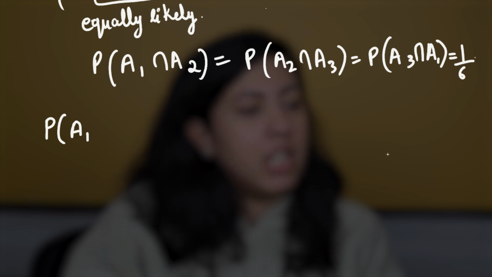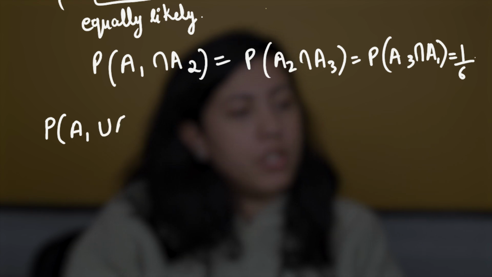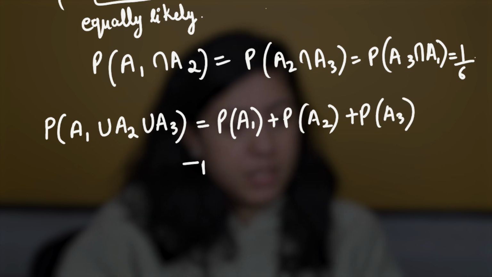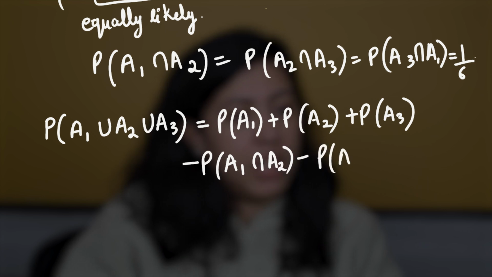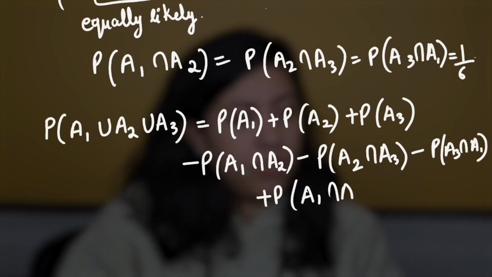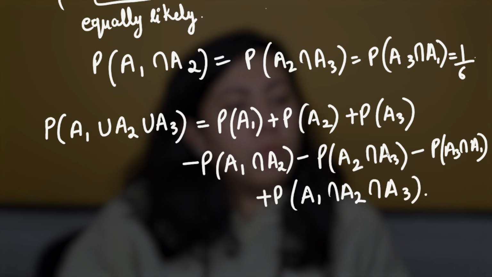That says if we have three events, then probability of A1 union A2 union A3 is equal to probability of A1 plus probability of A2 plus probability of A3, minus probability of A1 intersection A2, minus probability of A2 intersection A3, minus probability of A3 intersection A1, plus probability of A1 intersection A2 intersection A3. But where does this formula come from?